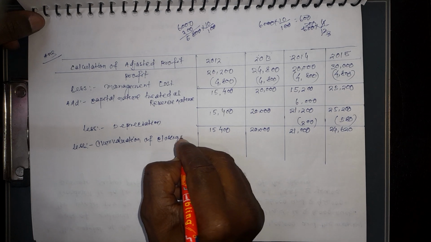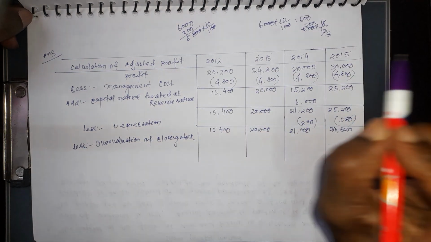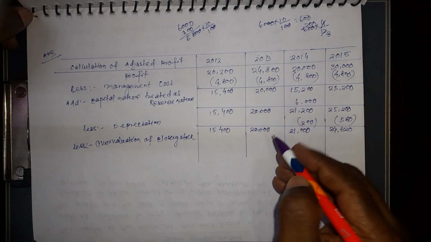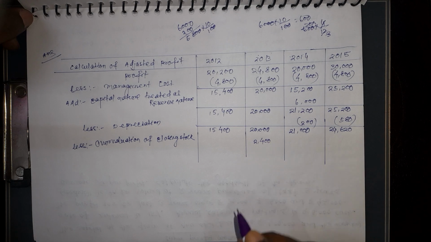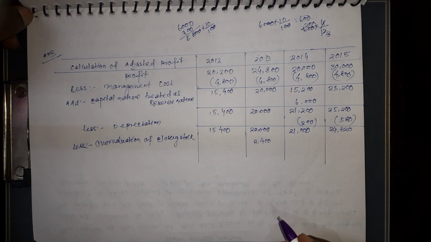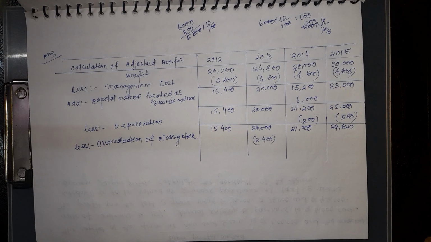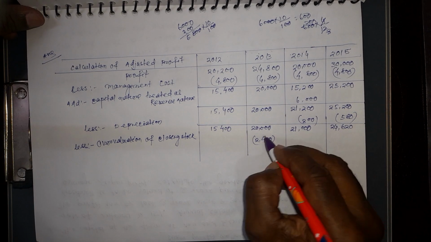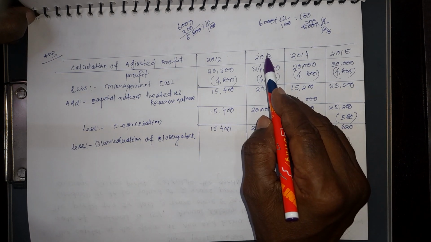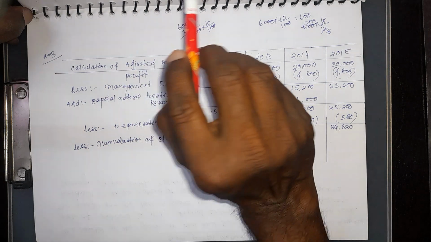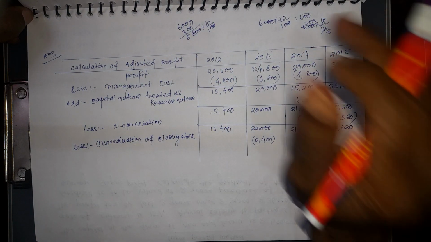Overvaluation of closing stock. You see the year, on which year is the closing stock? Here it is given 2013. So in 2013 profit will be reduced by 2,400. But in the next year, closing stock overvalued means it was showing more, the value is less.